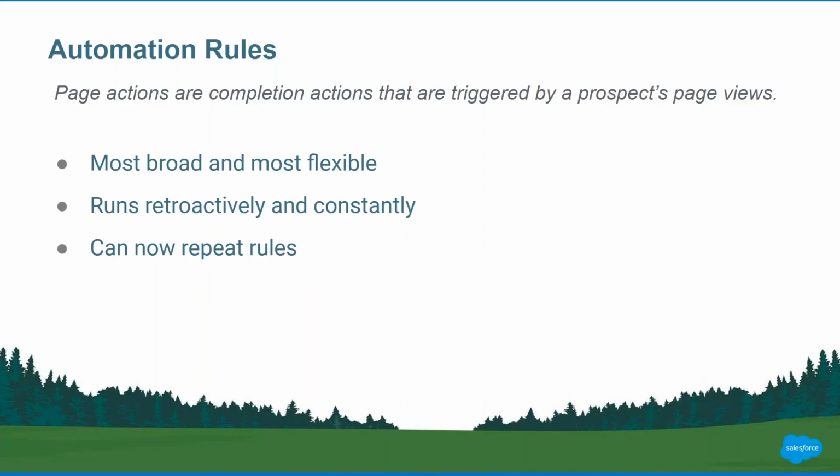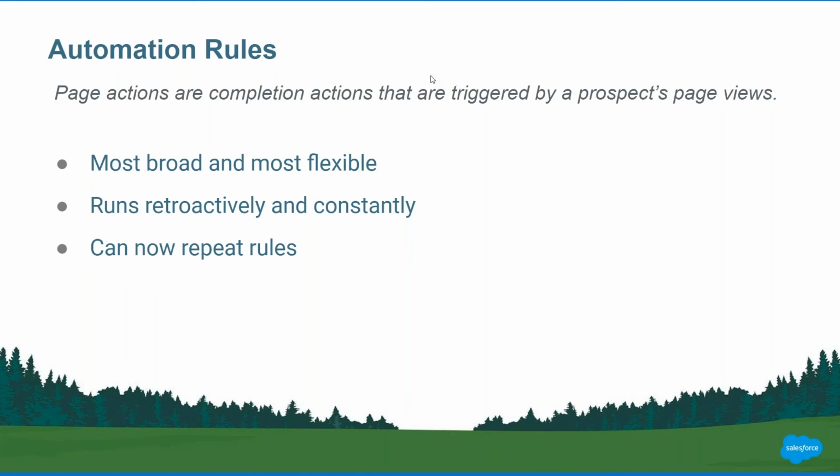So the automation rule, so I forgot to change this one. Sorry about that. So with automation rules, this is actually a criteria-based rule as well that would run so long as it's active, and would keep attempting to qualify which prospects meet that particular criteria. Out of all the automation rules, this is the most broad and the most flexible.